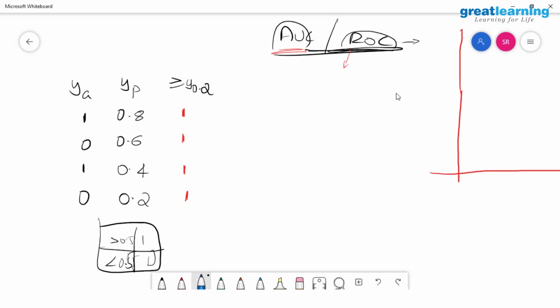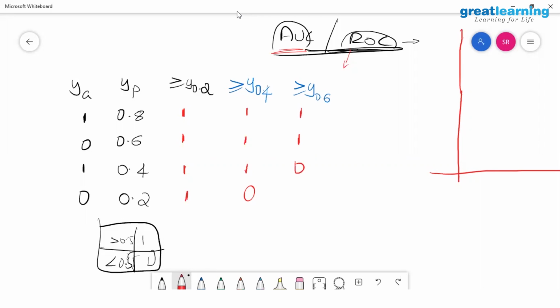Now let us use different colors so that it doesn't become monotone. For the second cutoff, if something is greater than 0.4, I'm going to put it as 1. Now what happens here? 1, 1, 0, 1 and again 0. Now if something is greater than or equal to 0.6, what happens here? 1, 1, 0, 0.